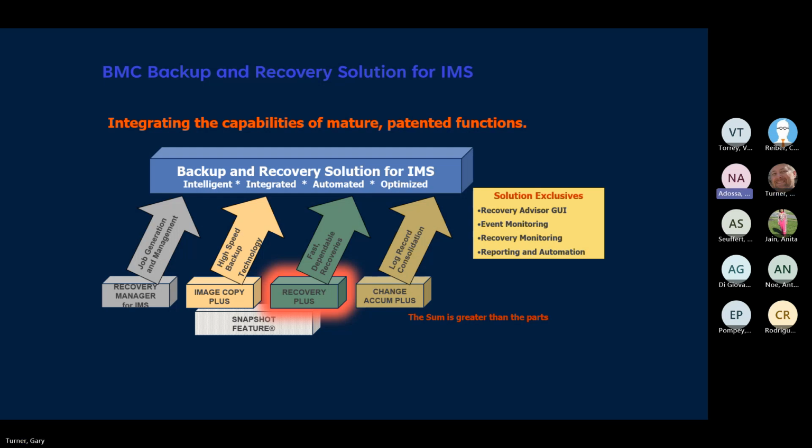With a fuzzy image copy, do you consider that a valid recovery point as defined by DBRC, or do you also have to make sure you have whatever assets are needed? Because people have been saying, and I've worked with your products, that a fuzzy image copy point doesn't guarantee a point-free error database, especially as defined by DBRC, IBM's idea of what is considered a valid point in time.